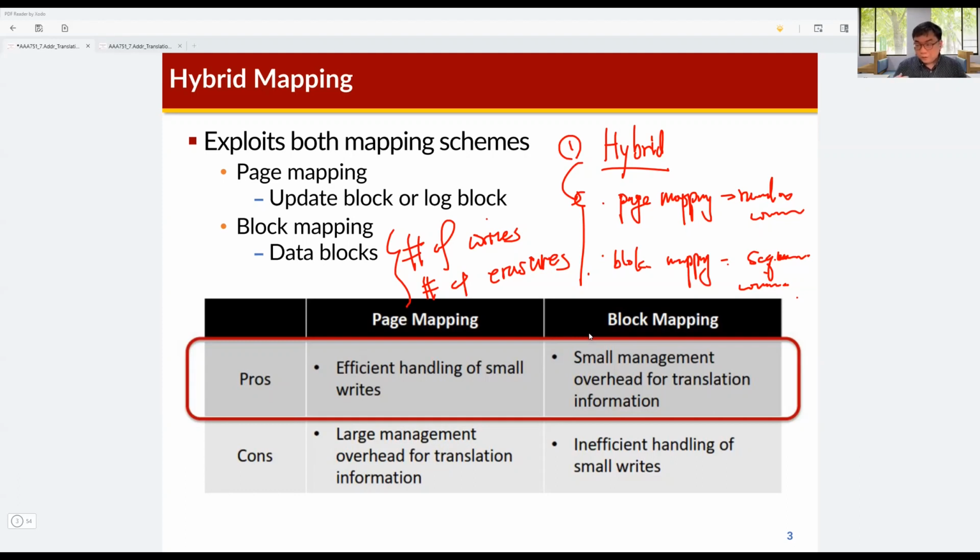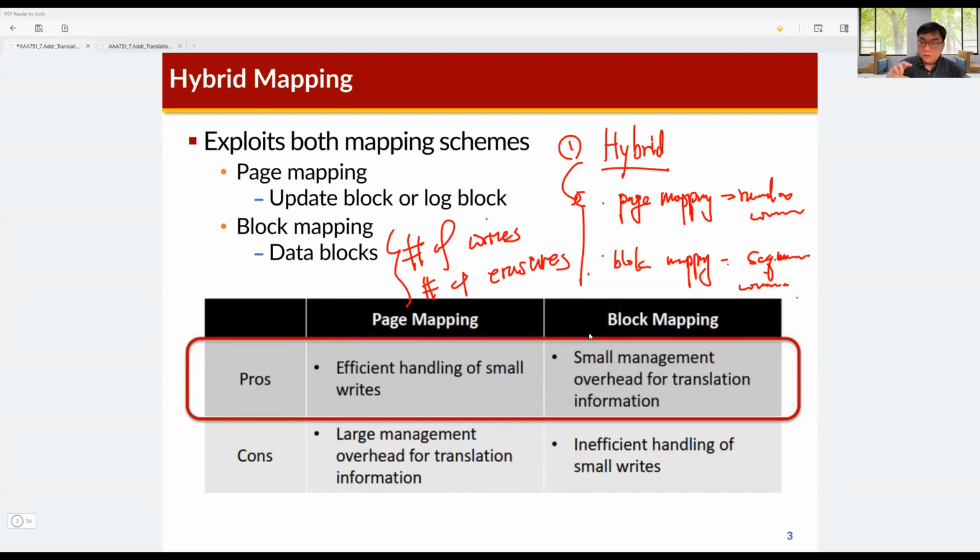But the disadvantage of this page level mapping is the large translation table. Actually, this translation table is managed in the DRAM of the SSD. That's why the SSD has DRAM. DRAM can also be used as a data buffer between the SSD and the host CPU, but the SSD also manages this address translation table inside of DRAM.